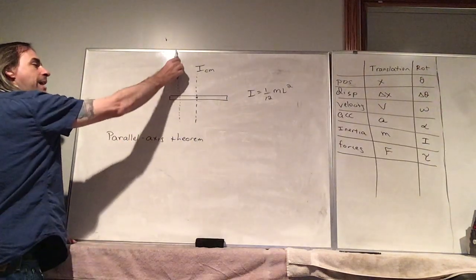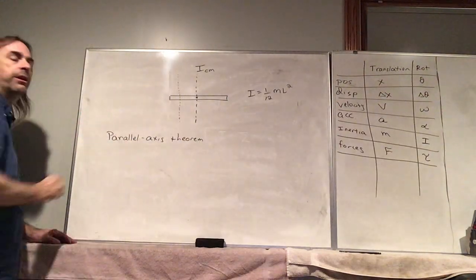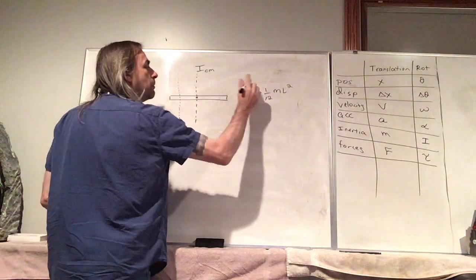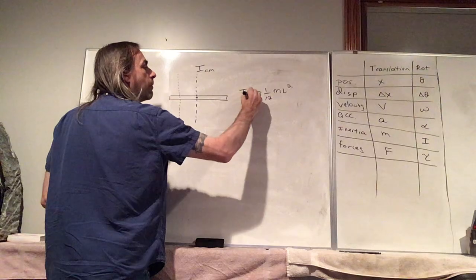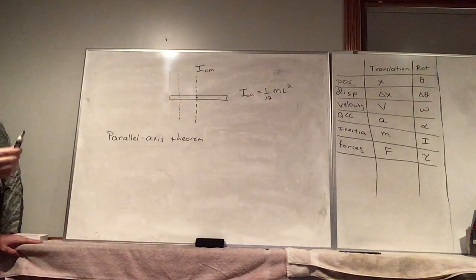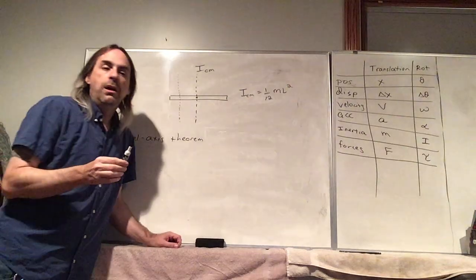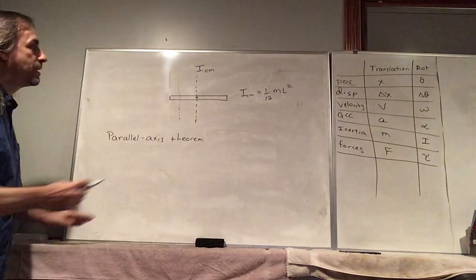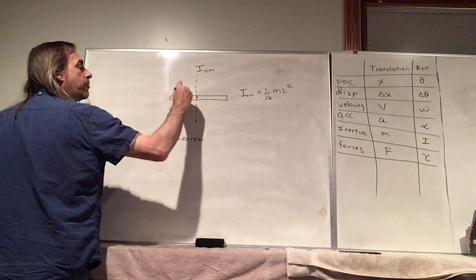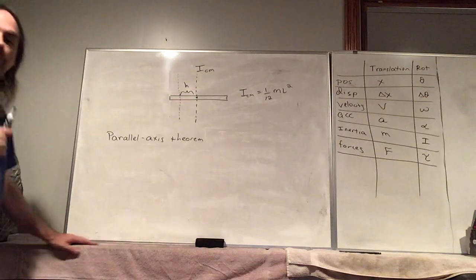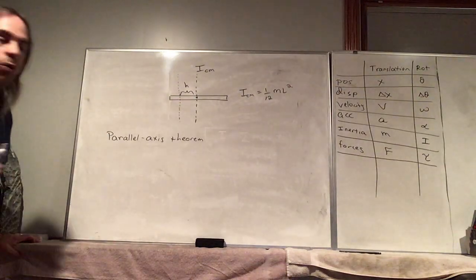Parallel axis theorem, that's the case we have here. If we look at an axis that's parallel to the one going through the center, like we know this one here, and we know the moment of inertia through the center of mass, we can find the moment of inertia at some distance away. We call that distance h, as long as that other axis is parallel to the one that we already know.